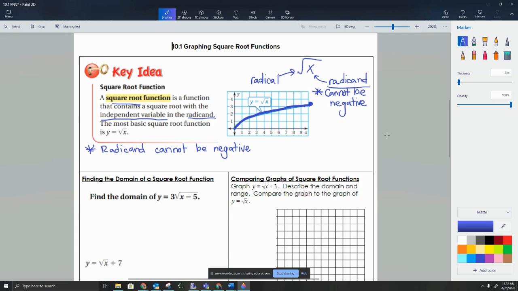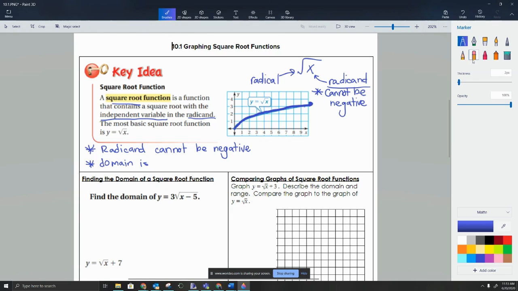Radicand cannot be negative. And then the next thing is the domain of a square root function. Let me look at it again. Sorry. The domain of the square root function includes x values for which the radicand is greater than or equal to 0.